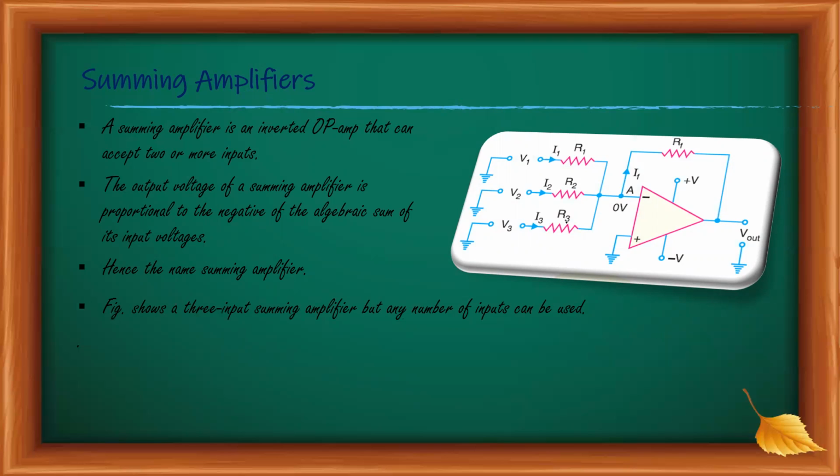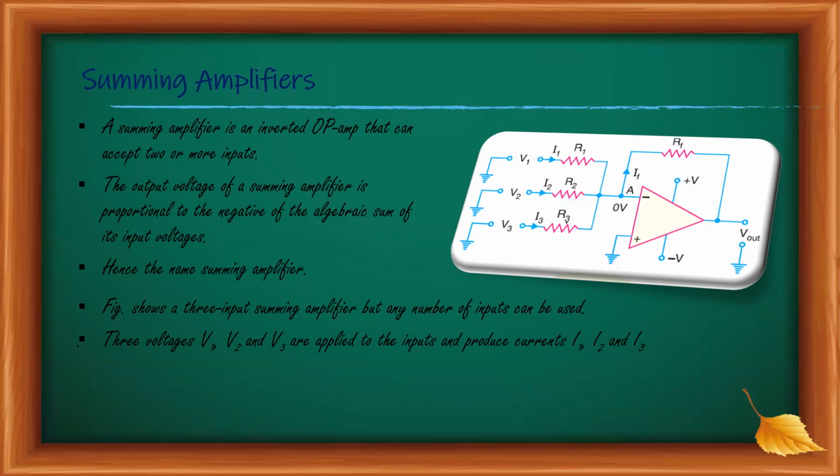We can use any number of inputs, any number of resistances at the inverting terminal. If you want to sum 10 voltages, 10 quantities, then we must use 10 resistances R1 to R10.